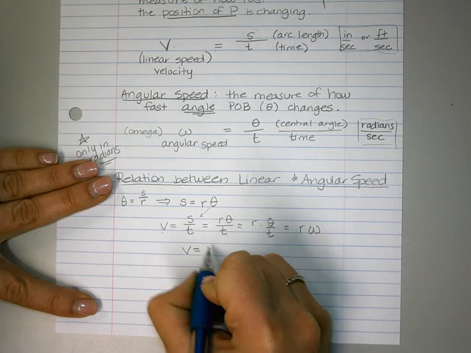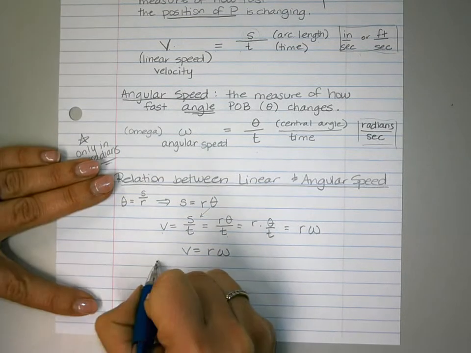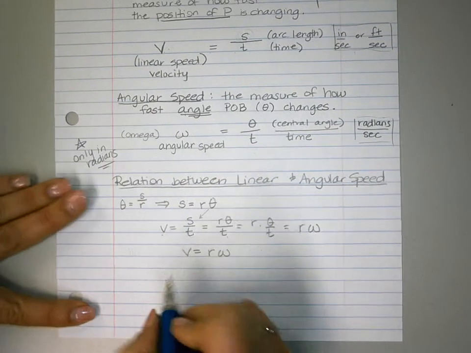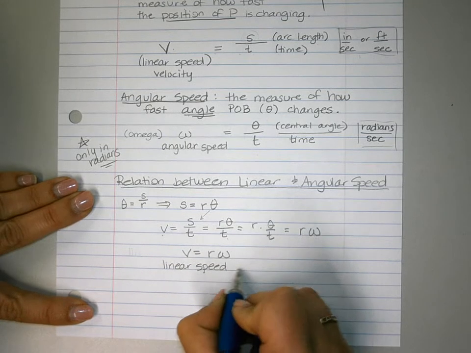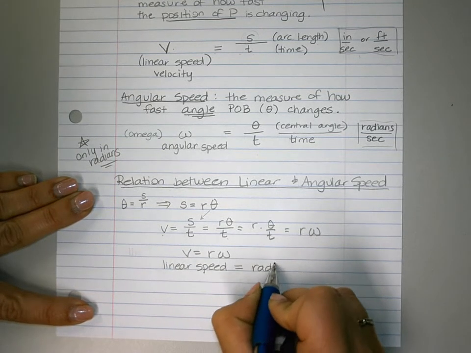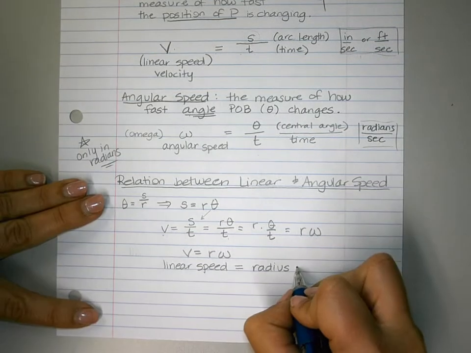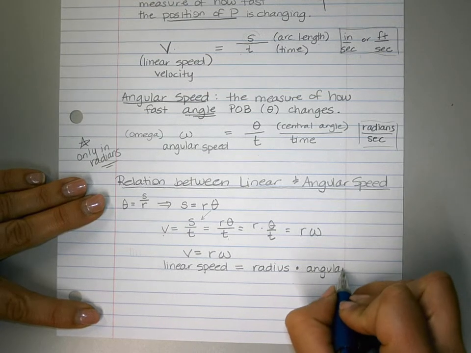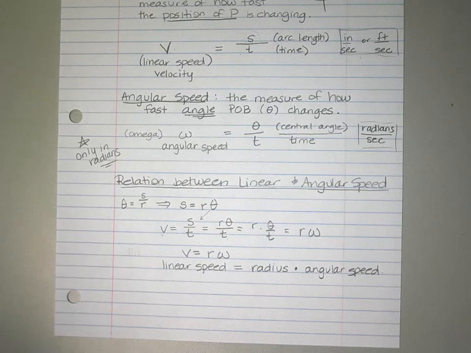V equals radius times omega. Linear speed is equal to the radius of your circle, of your gear, of your wheel, times your angular speed. That's the relationship, and you can see the derivation of that relationship.